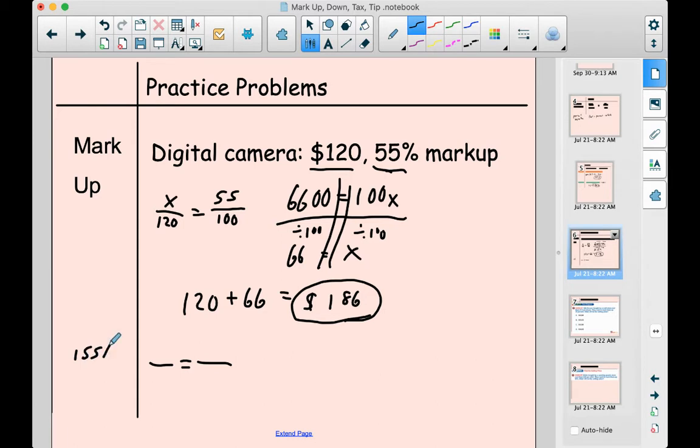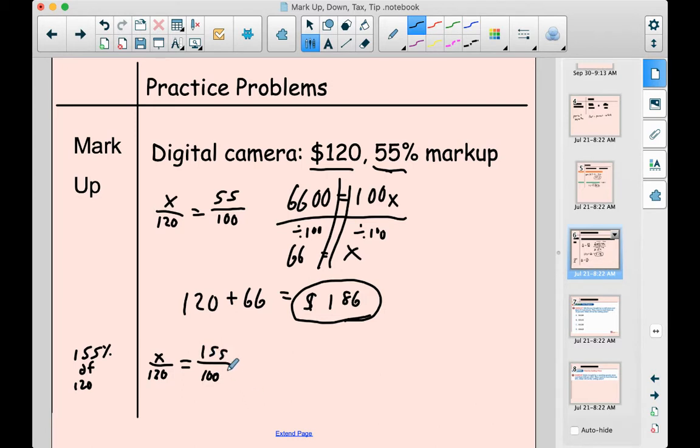So 155% of 120 is what I'm trying to find. So 120 is my whole. I don't know what the part is. This is always 100, and my percent is 155.